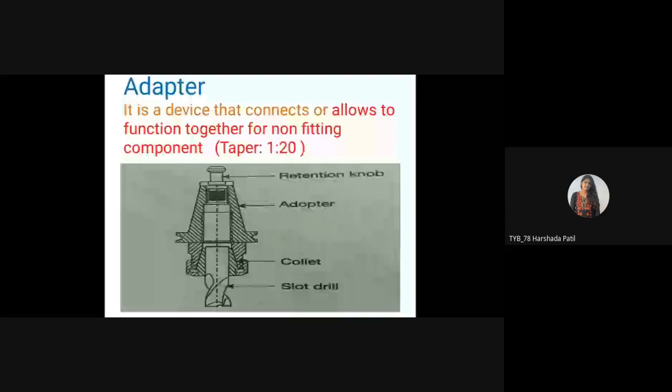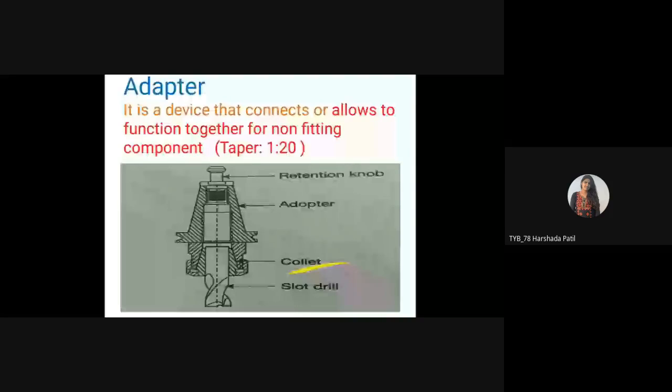That is called an adapter. One specification related to this adapter is the taper ratio, which is 1:20. That is a standard ratio for this adapter. So this is one of the best devices to connect and allow non-fitting components to function during manufacturing.